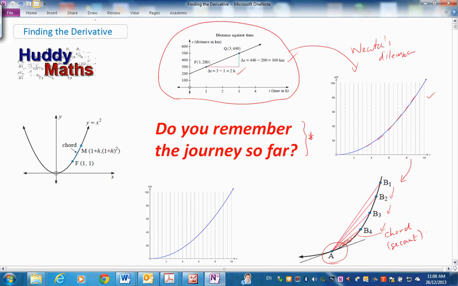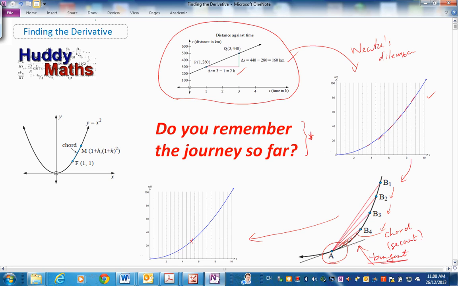Can I work out the instantaneous velocity by taking points closer and closer to the point I'm interested in, point A? Then, do you remember, we drew the limiting position of that, which is back over here, the tangent. Newton concluded that the limiting position of that chord was tangency.